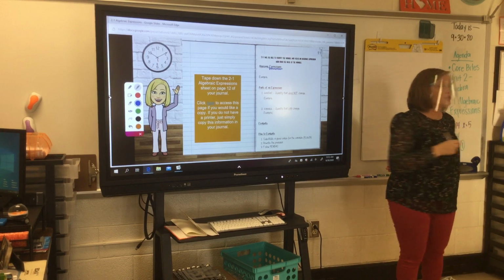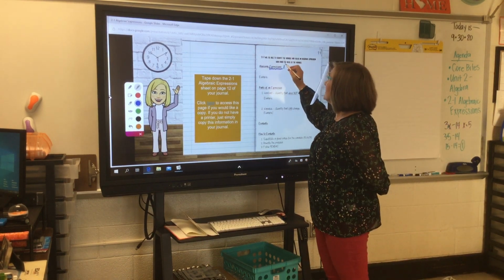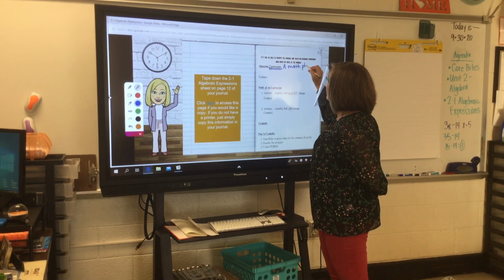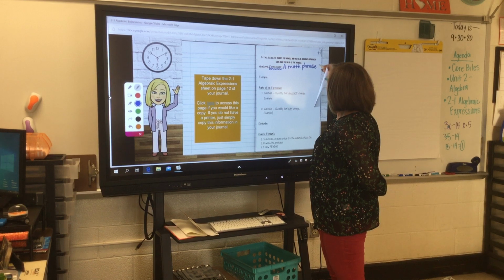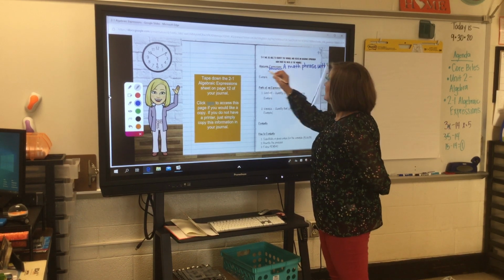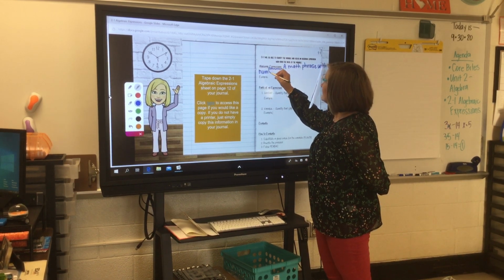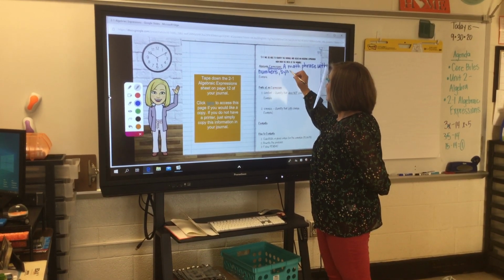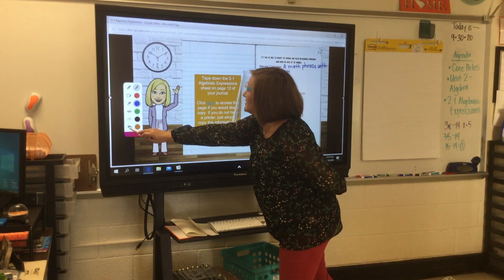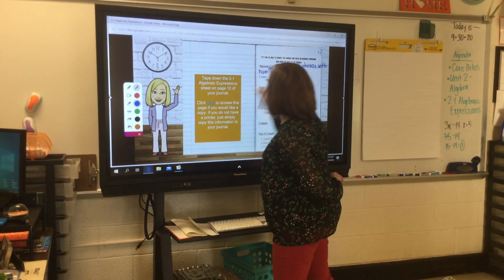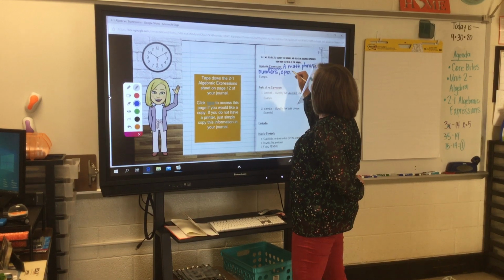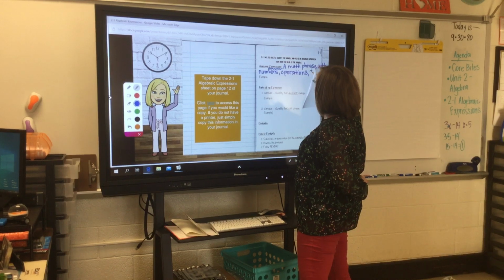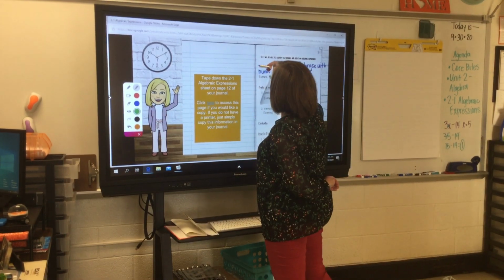All right, if you look up there on the chart, a numerical expression is a math phrase with numbers, symbols, or operations. Let me put operations instead of symbols. That'll make more sense to y'all. Will variables count? For algebra, we are going to add variables or letters.